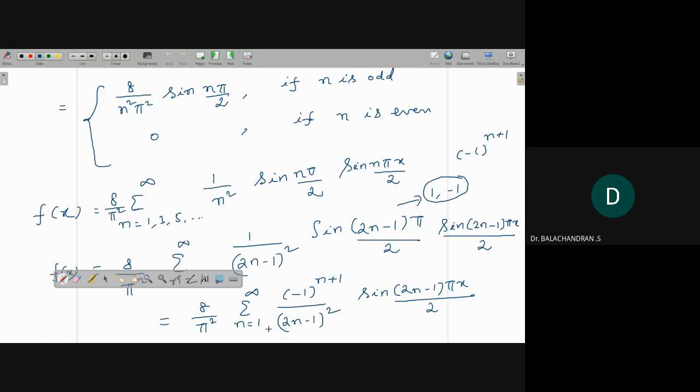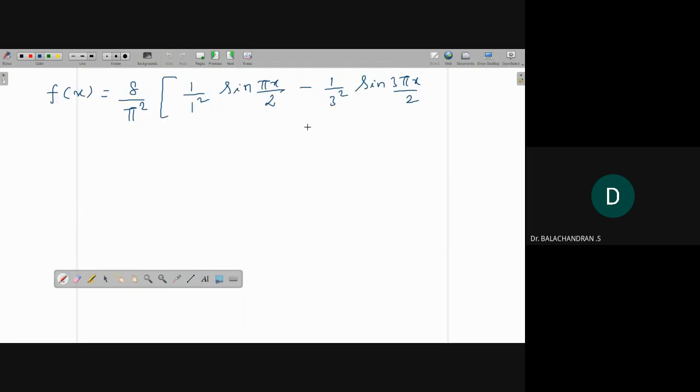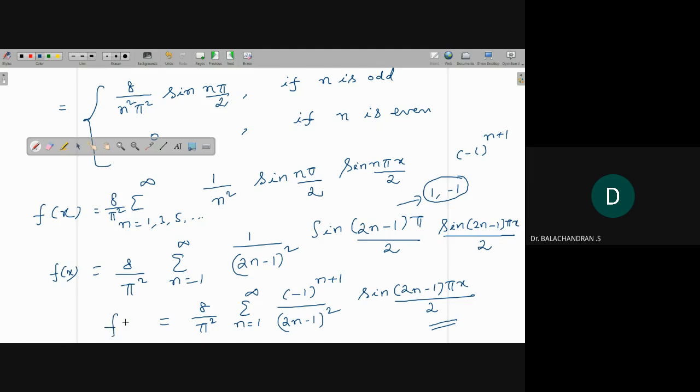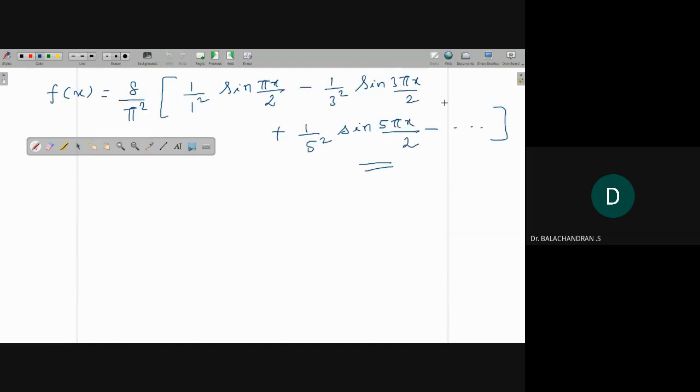And n equal to 3 means plus 1 by 5 square into sine 5 pi x by 2, and so on. So this is the general term. You can stop here. I just want to check the book answer. Actually, in the book they gave this answer.